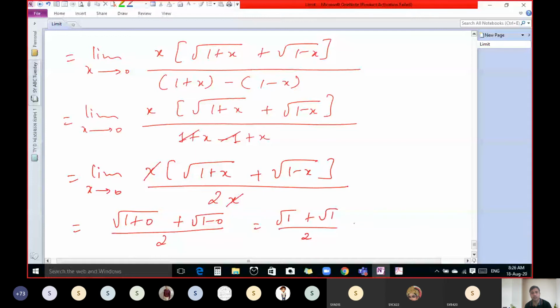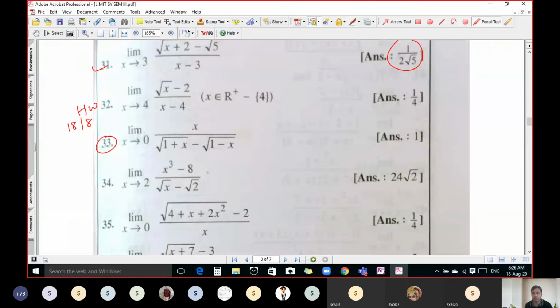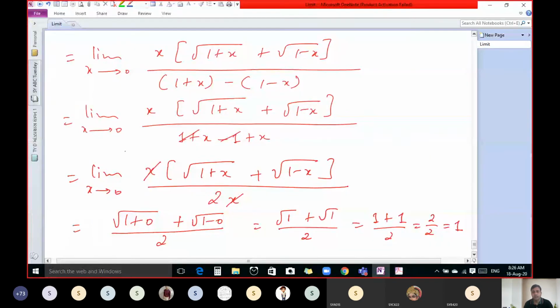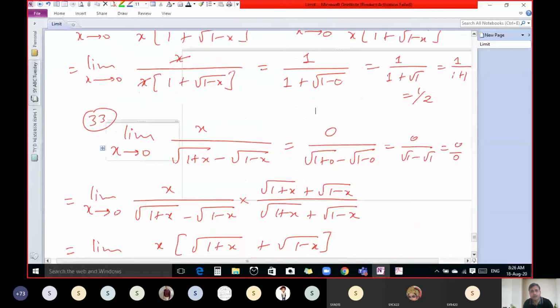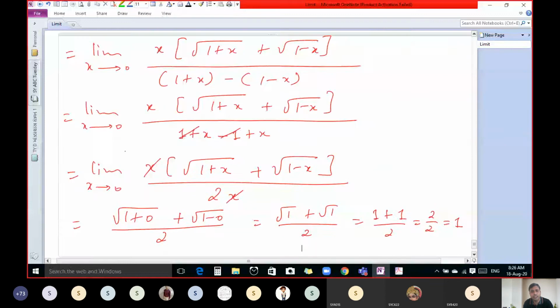So the answer is 1 plus 1 upon 2. So the answer is 2 by 2 and ultimately we get 1. So 1 is the answer for question number 33. So here you have to do rationalization whenever root sign is involved and we get 0 by 0.